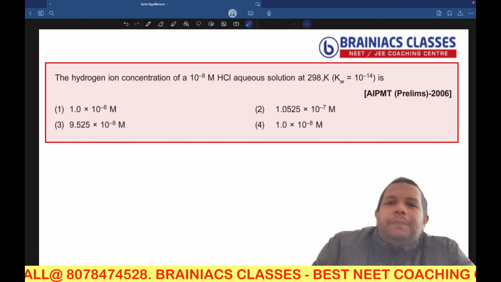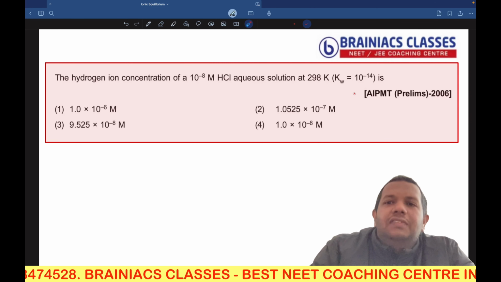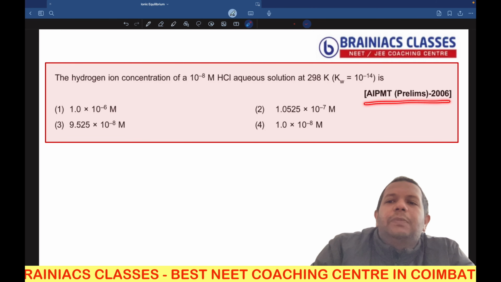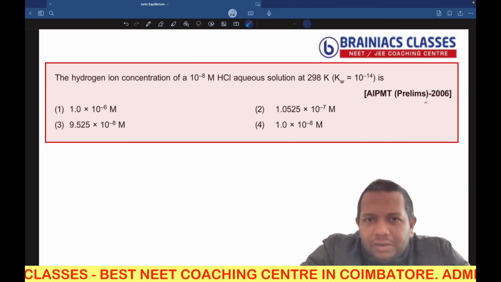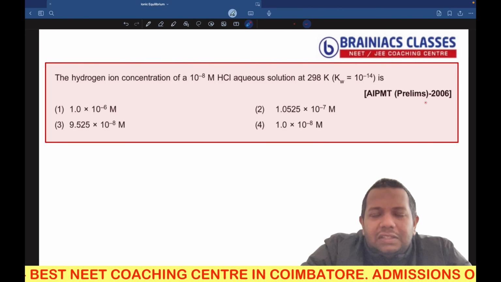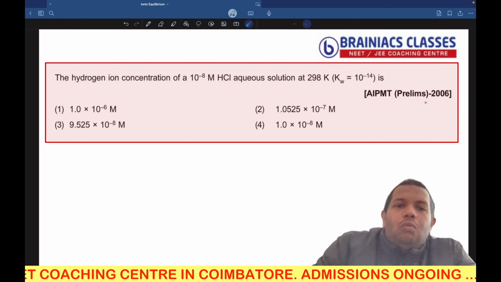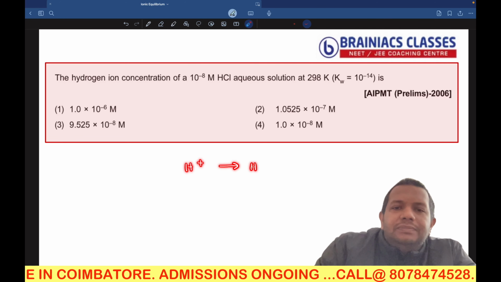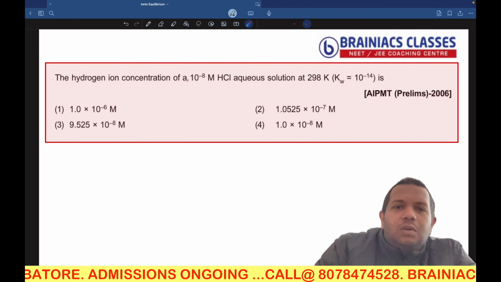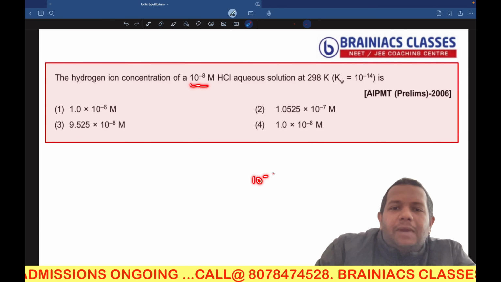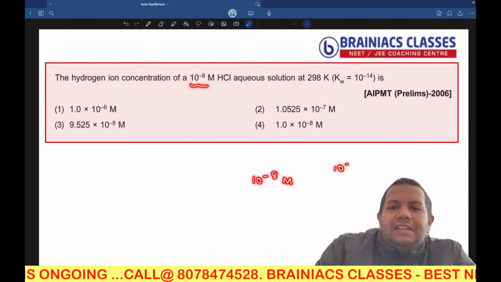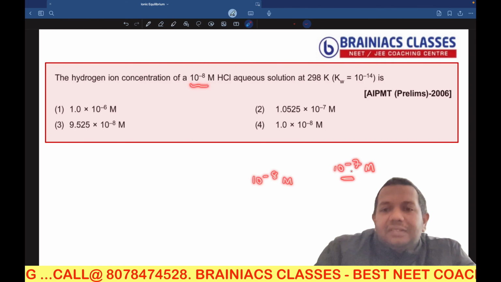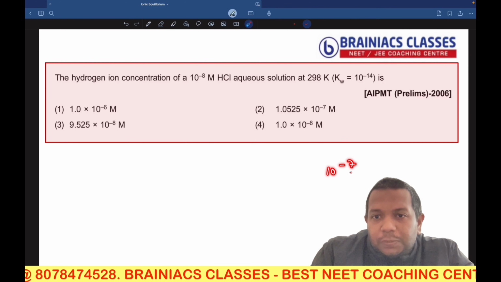Please understand why I have shown you this question: this type of question has already been asked in the pre-medical examination. What are the important points you should take down? You need to consider the H plus ion provided by water. Why? Two reasons. One, the concentration of HCl is 10 power minus 8 molar, which is less than 10 power minus 7 molar, the 10 power minus 7 moles of H plus given by water.